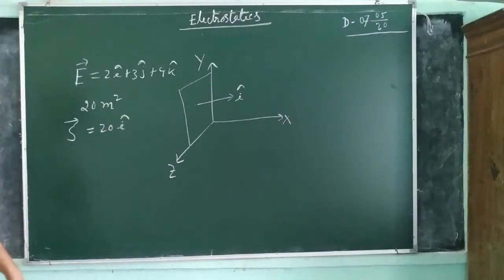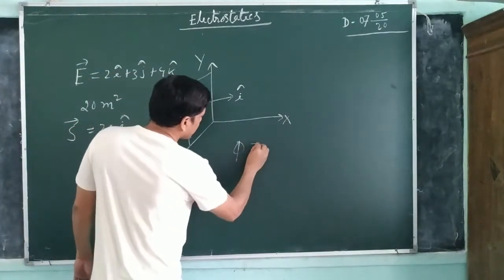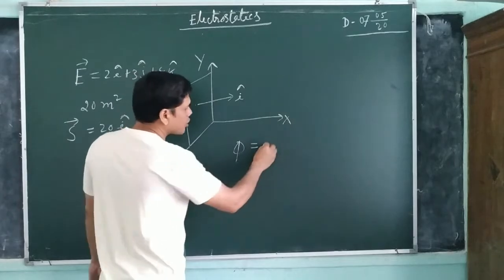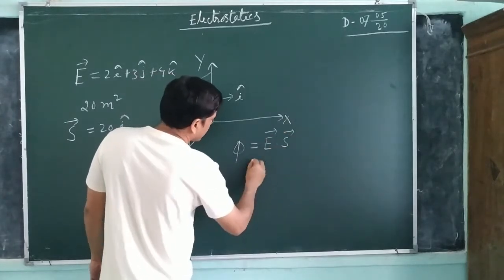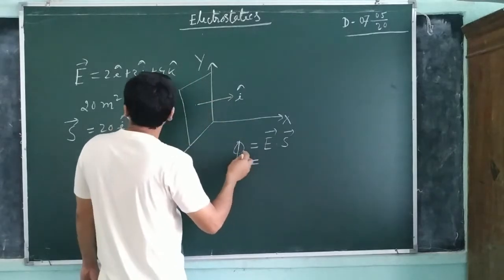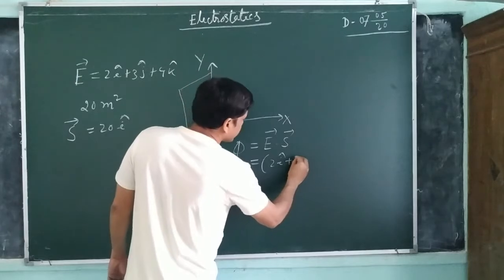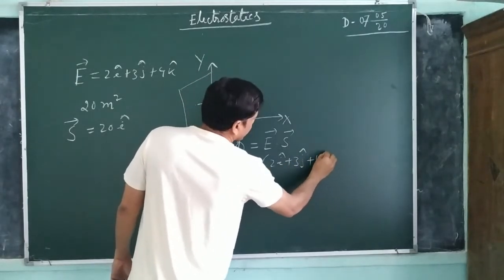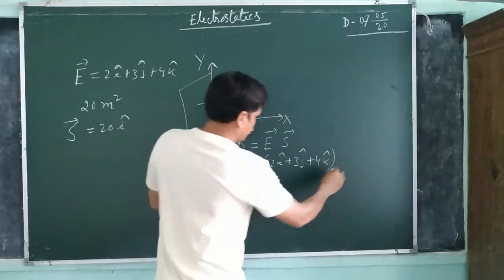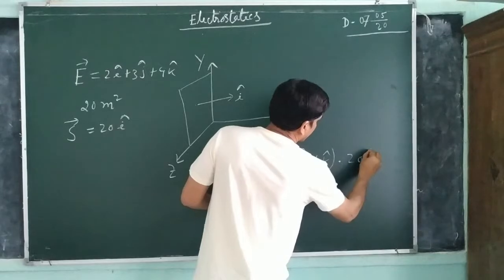So the electrical flux passing through this area vector, if denoted by phi, then according to the formula, phi equals E dot S. In place of E, just put 2i hat plus 3j hat plus 4k hat, dot S, which means 20 i hat.